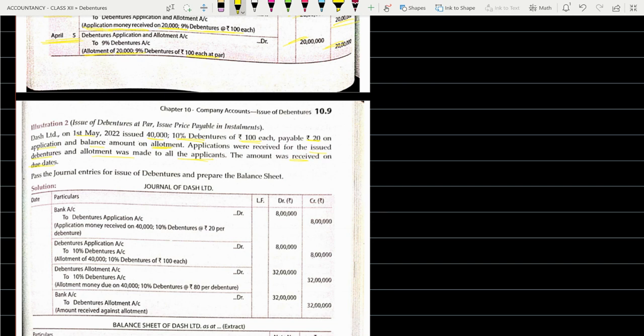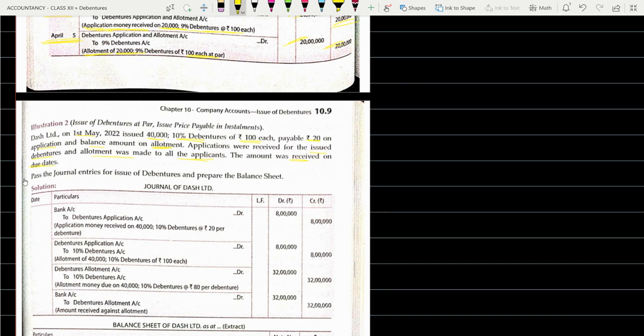So first you have to record the amount of application money received on those 40,000 10% debentures. The date of issue in this case is 1st May, but the question has not mentioned when you have allotted. The date of allotment was not mentioned.